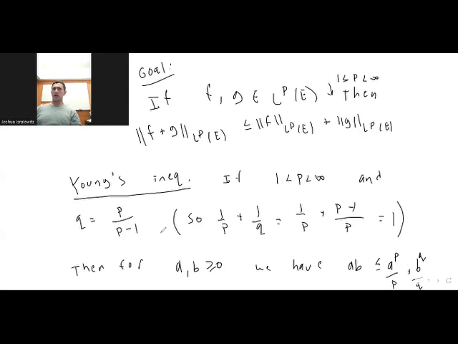Okay, so with Young's inequality proved, we're going to next need Holder's inequality. And one thing I want to make clear is that if p equals 1, then this is 1 over infinity. And it's still useful to think of q as infinity if p equals 1.